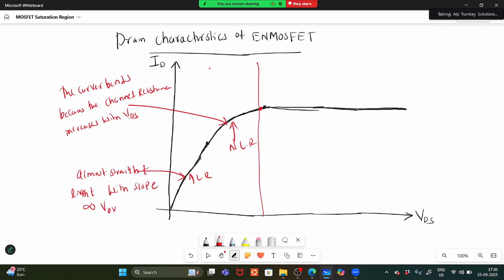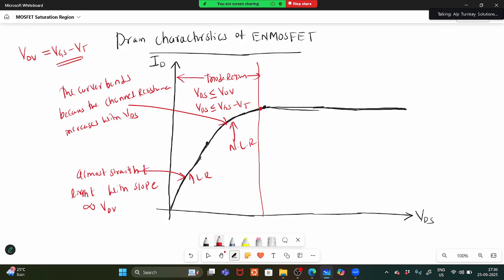Both the linear region and the non-linear region together I can call the triode region. You get the triode region when VDS is less than or equal to VOV. What is VOV? Overdrive voltage, which is VGS minus VT.